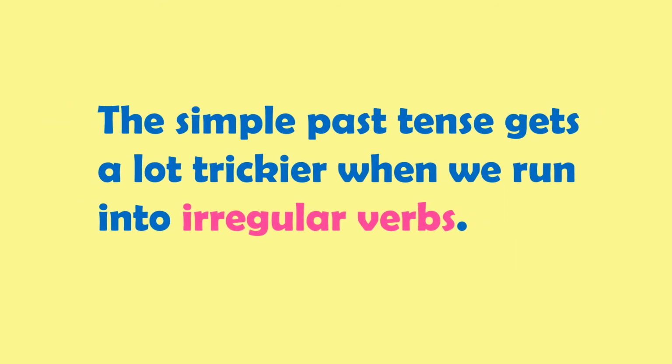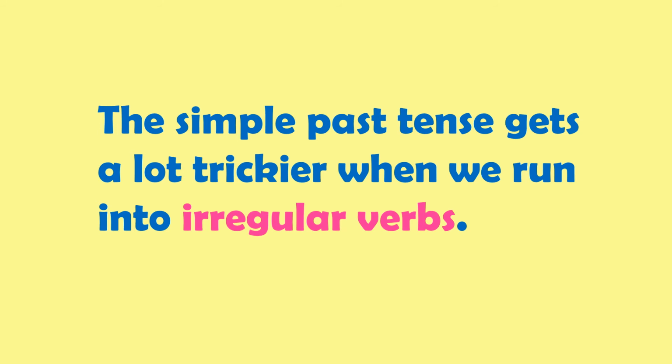Regular and irregular verbs have different ways of forming their past tense. The simple past tense gets a lot trickier when we run into irregular verbs. There are many irregular verbs that don't follow the typical rules of simple past tense.